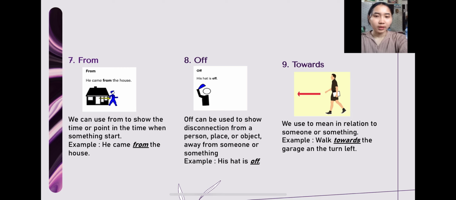For example, he came from the house. Eighth is off. Off can be used to show disconnection from a person, place, or object, away from someone or something. Example, his heart is off.